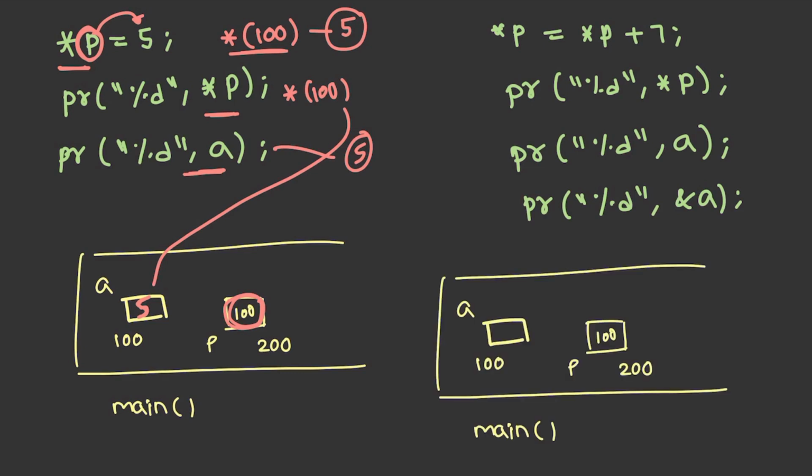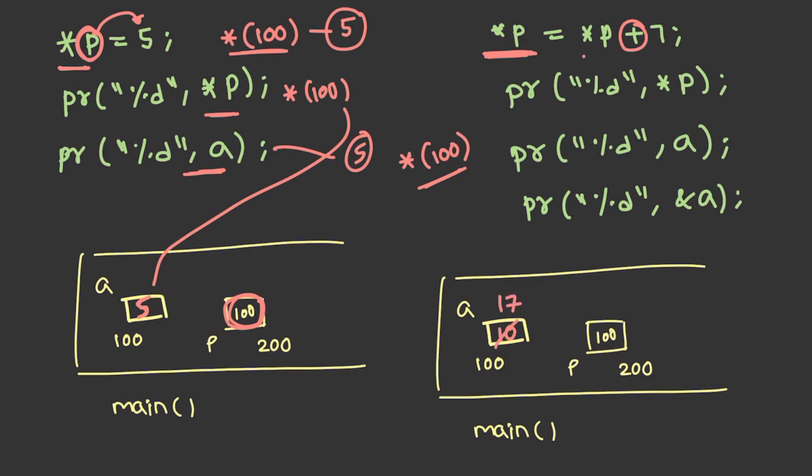Suppose, for example, we are trying to modify the value at this position. So we are trying to modify the content at the location of 100 and we are trying to add or increment it by 7. Let's assume the value is initially 10 and it has been modified to 17 now.